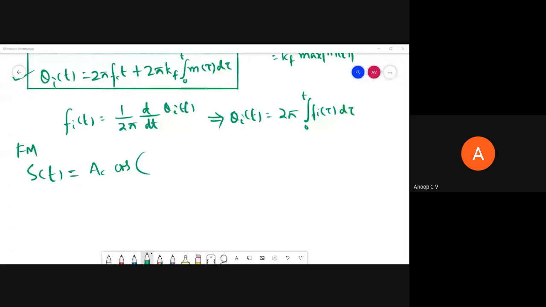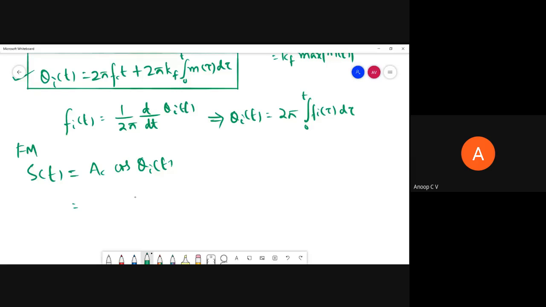That is not correct. It is Ac cos of, we have just defined theta i of t here. This theta i of t is, say, the argument of s of t. So Ac cos theta i of t will be an FM modulated signal.